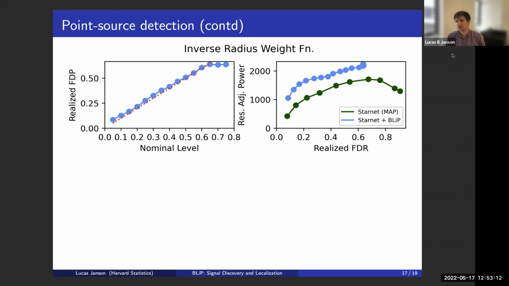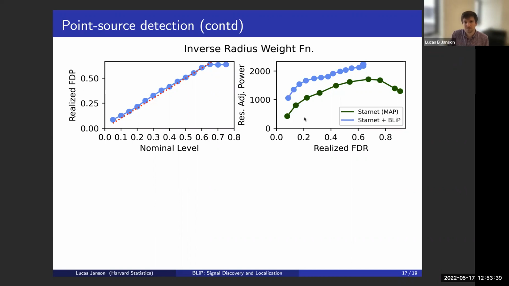The way that we map out a curve for StarNet is we change that half pixel radius that they add. We can make that bigger or smaller, and that maps out a curve of resolution adjusted power and false discovery rate. We can see that our curve lies everywhere strictly above their curve, which means we're always doing a better job of trading off power. We're Pareto uniformly better than the green curve.